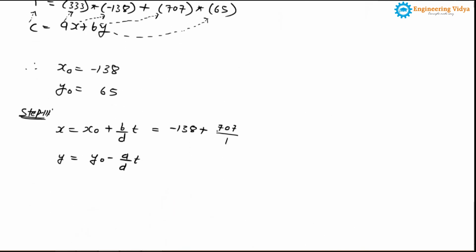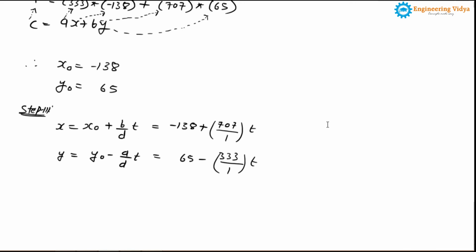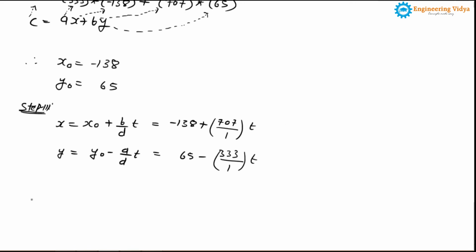So we'll write 1 into t. So now y0 is nothing but 65 minus a, and here a is nothing but 333, a by d into t.